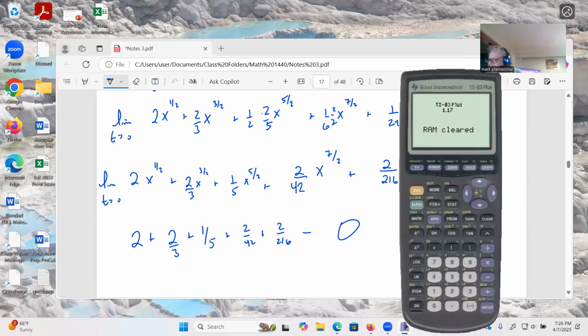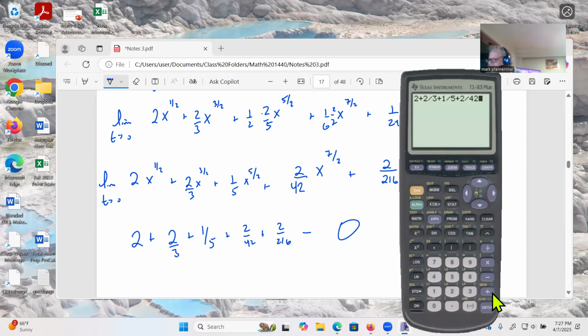So we just have this piece here. So we're going to say this is 2 plus 2 divided by 3. Plus 1 divided by 5. Now, we can get better accuracy with this as we go further and further out. That's fine. Plus 2 over 42.